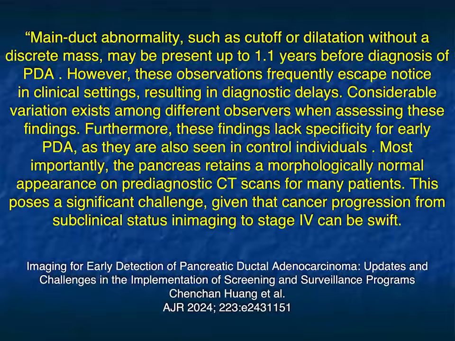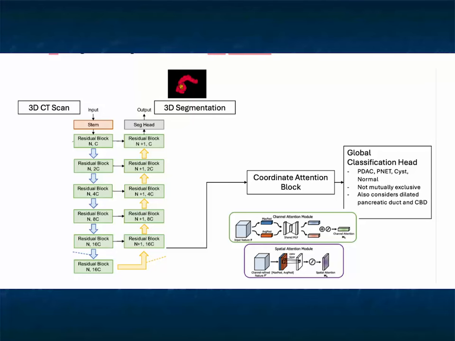So we know there are signs. Before, we used to think that with pancreatic cancer, today you're normal, tomorrow you have cancer. Well, now we're understanding, not surprisingly, that cancer may be there 1 to 3 years before we diagnose it, which means if we can do better with imaging, we can save many patients' lives.